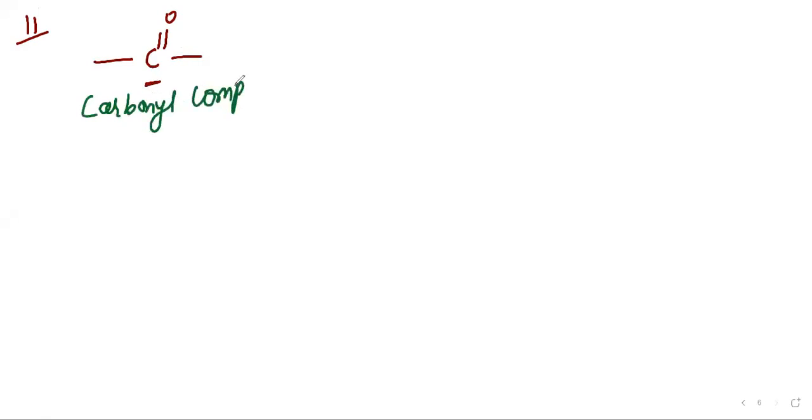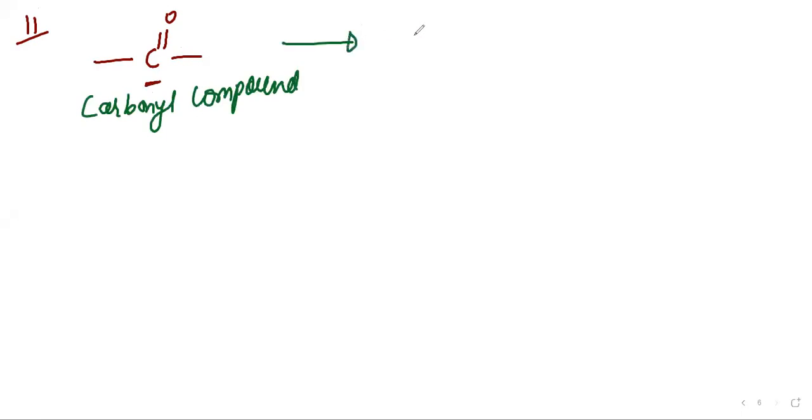Now look at the next question, 11th number. NEET 2016. Correct the statement regarding a carbonyl compound. Carbonyl general formula is R C double bond O. So when this functional group is there, this is called a carbonyl compound.